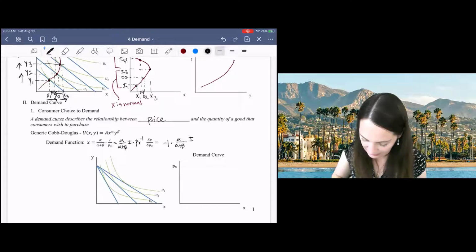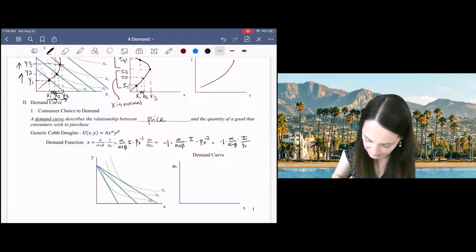And then times px to the -2, right? So I could rewrite that as I over px squared.